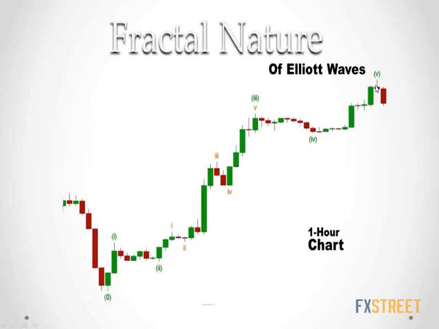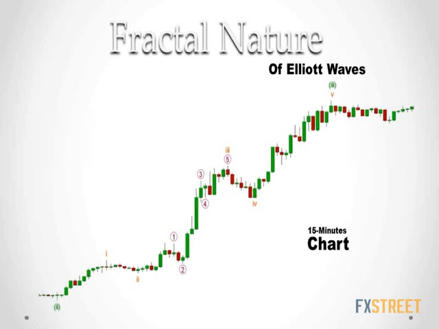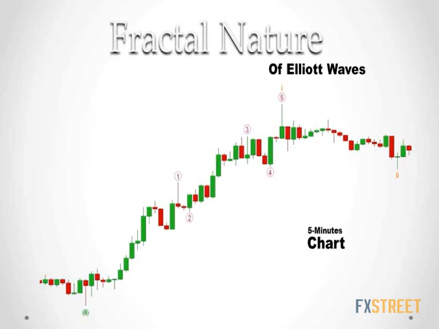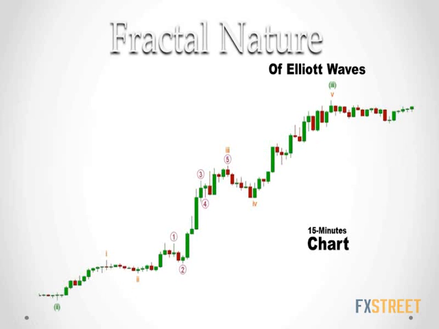If you're like me and you're not sure of the structure of wave 3 orange, then let's go into a smaller time frame. How about a 15-minute chart? Okay, now we can see 5 waves inside wave 3 orange, but enough viewing third waves.